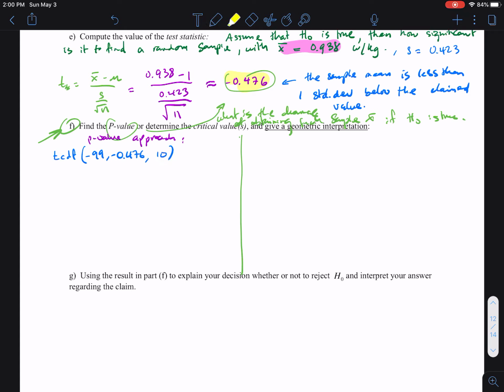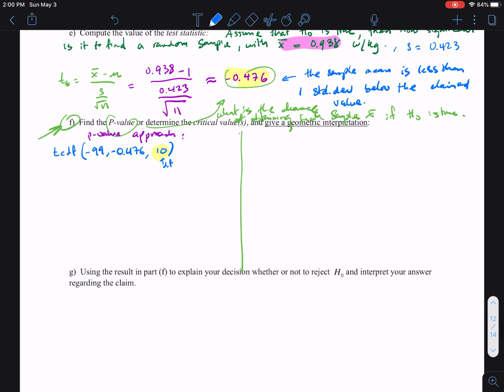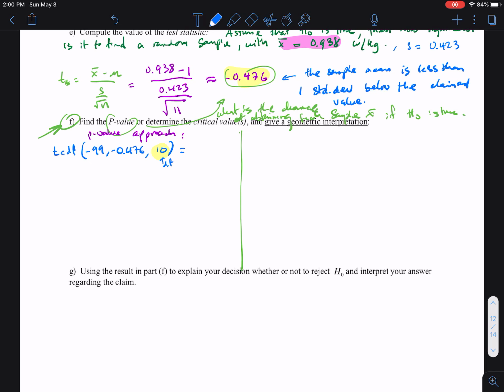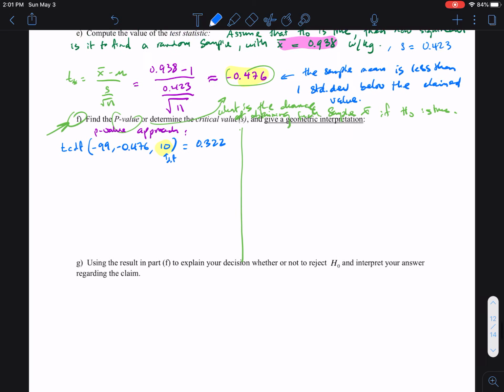The 10 here is the degree of freedom. So if we do that in our calculator, let's see what we get here. tcdf of negative 99 to negative 0.476 comma 10. We get around 0.322. So around a 32% chance of obtaining such sample data.